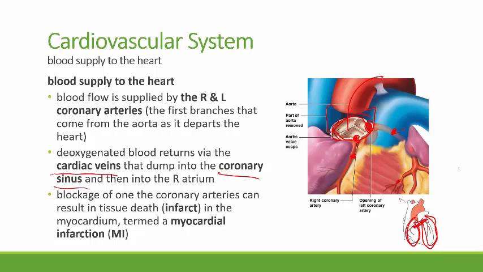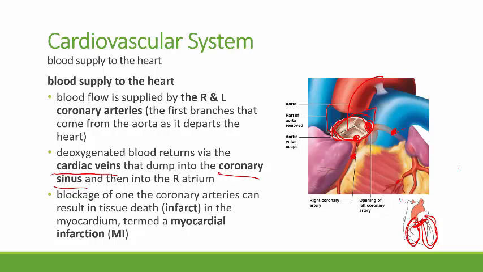So remember, the superior chambers closer to the base are the atria. The inferior chambers of the heart closer to the apex are the ventricles. The right atrium receives deoxygenated blood from the systemic circulation and from the coronary circulation, and it sends out blood through the pulmonary trunk and the pulmonary arteries that is deoxygenated, and it sends it out to the lungs to be reoxygenated.